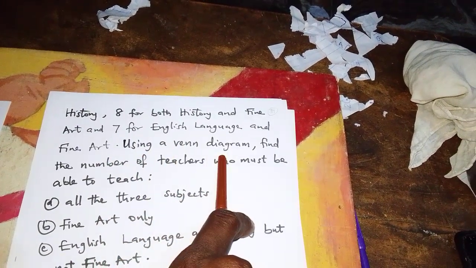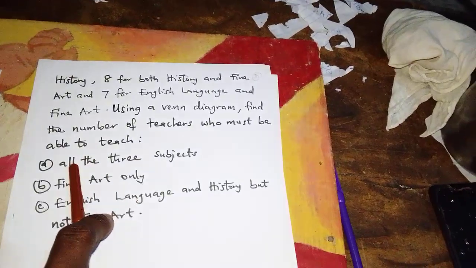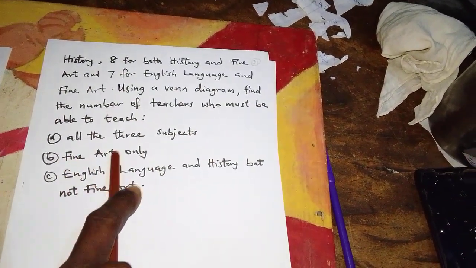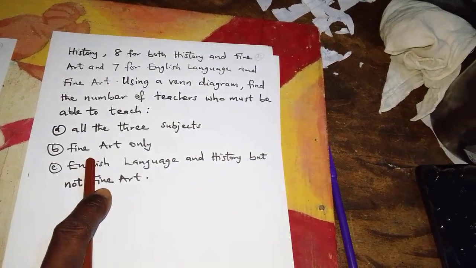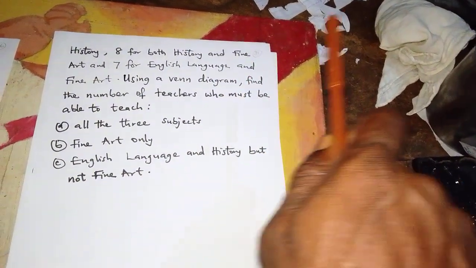Using a Venn diagram, find the number of teachers who must be able to teach all the 3 subjects. B. Fine art only. C. English language and history but not fine arts.